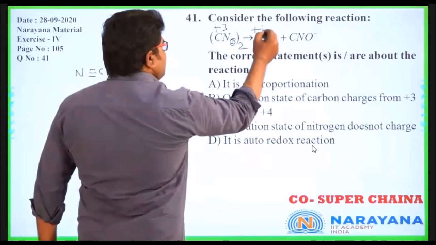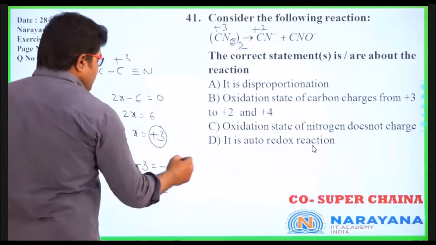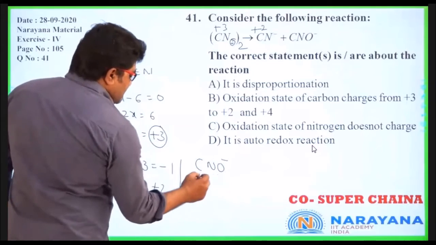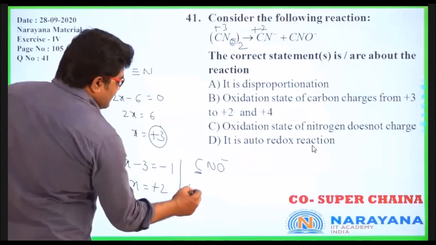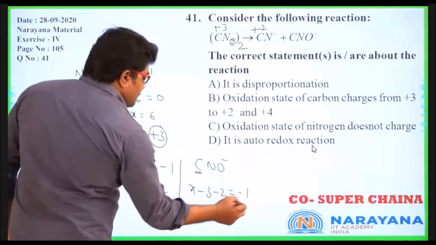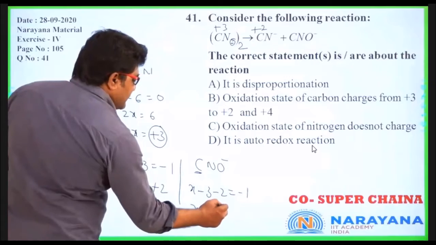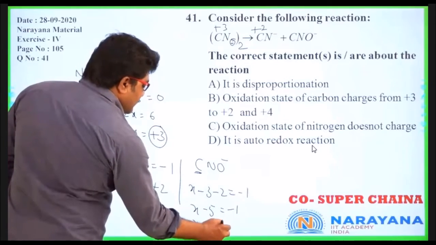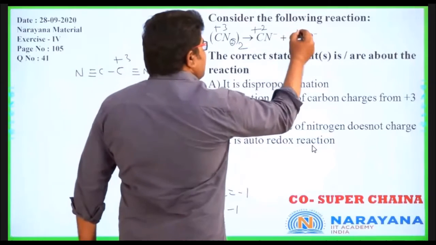Here it is plus 2. In CNO minus, let carbon oxidation number be x: x minus 3 minus 2 is equal to minus 1, x minus 5 is equal to minus 1, so x is equal to plus 4. Here it is plus 4.